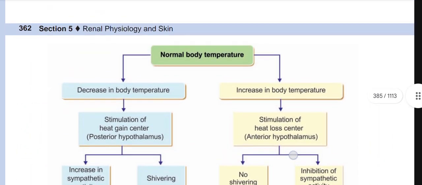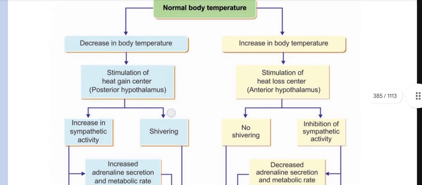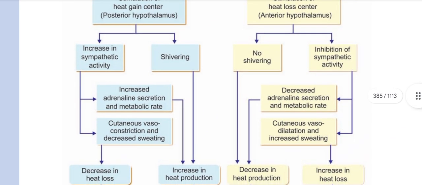Now, we will come to the flowchart. When the normal body temperature is present, first of all, normal body temperature of 37 degrees is maintained. Now, one condition happens, that is a decrease in body temperature. When the body temperature is decreased, this will stimulate the heat gain center present in the posterior hypothalamus. This will increase the sympathetic activity and shivering.